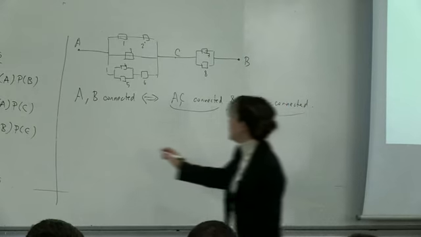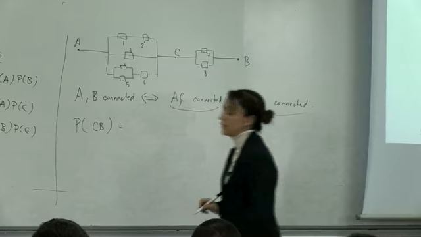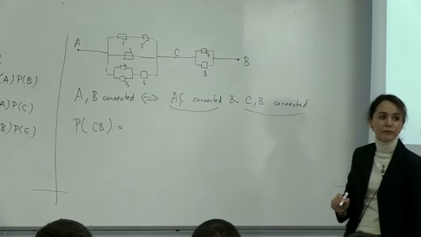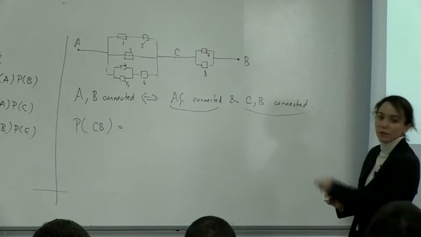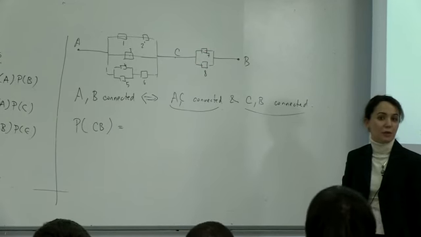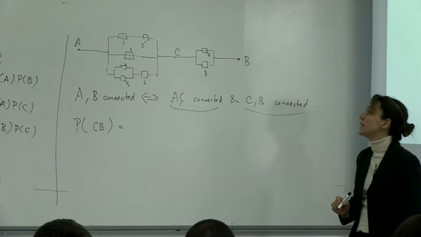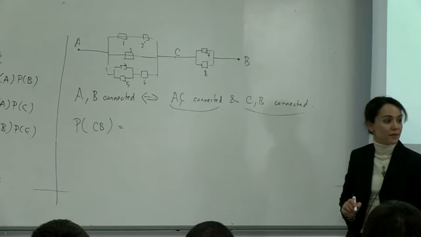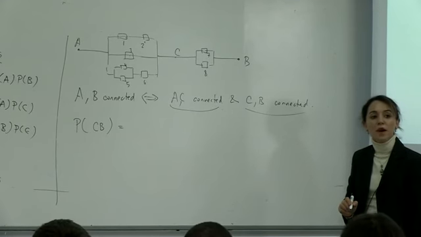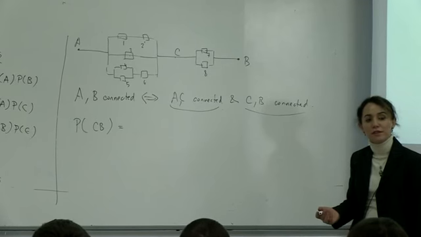What is the probability that CB is connected? Well, either element 7 or element 8, because they are connected in parallel. What is the probability that either 7 or 8 is on? It is 1 minus the probability that both of them are off.